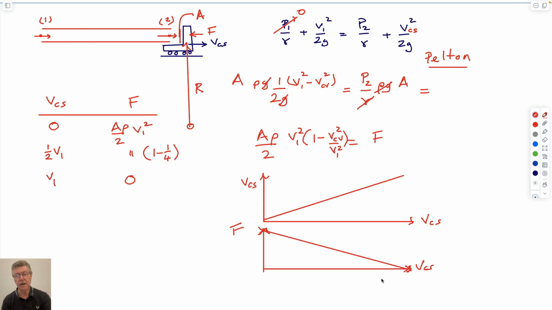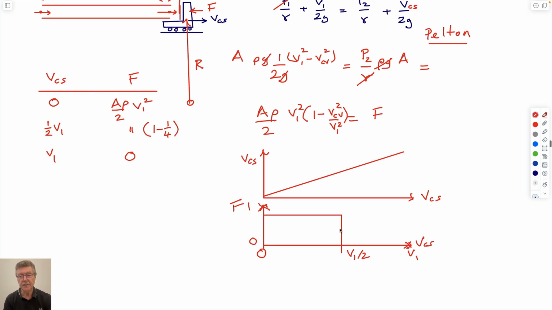And, well, it's actually not a straight line, is it? Because if this is 1 and this is 0, then we also had 3/4 as one of our terms. So this is V1 over 2, this is V1, this is 0, and this is 3/4.